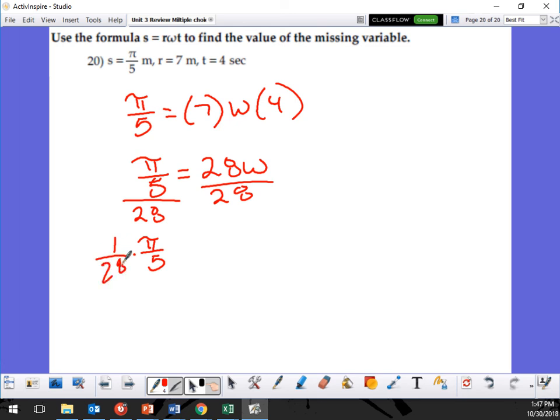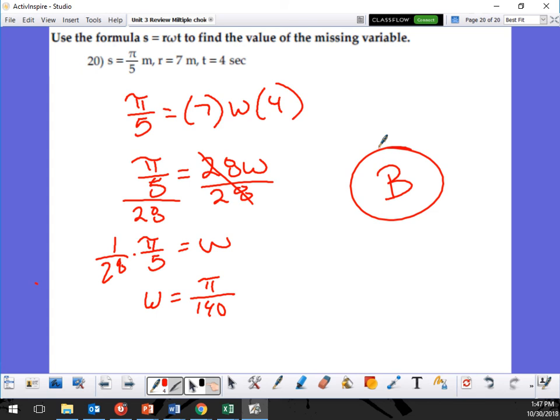It's the same thing. And we're going to get what? 1 pi over 140. So W is equal to pi over 140. Is that my answer? Yep. What letter is that? B. There we go.